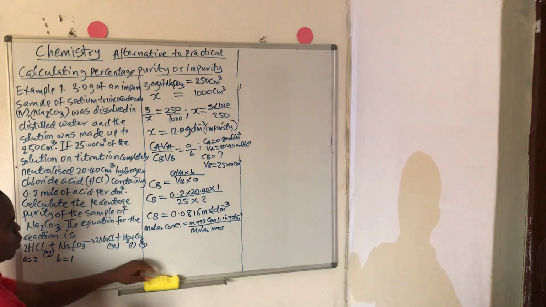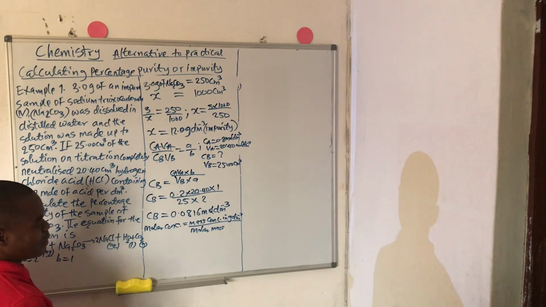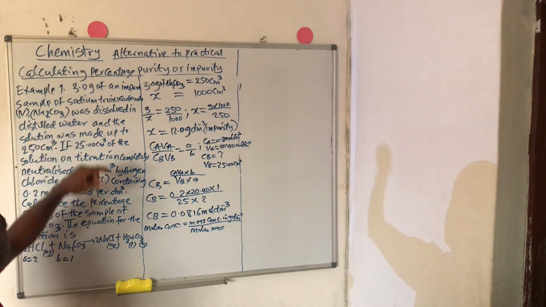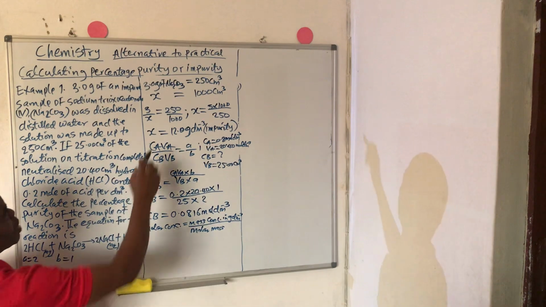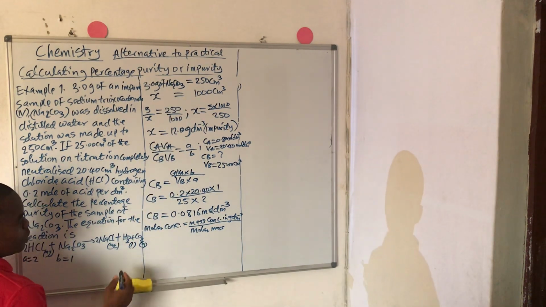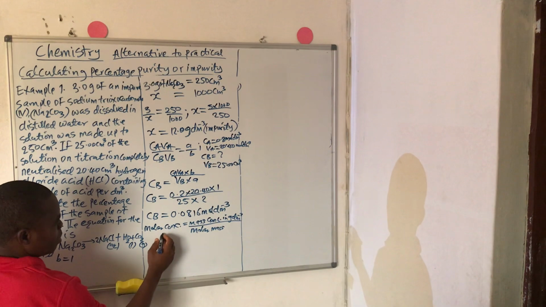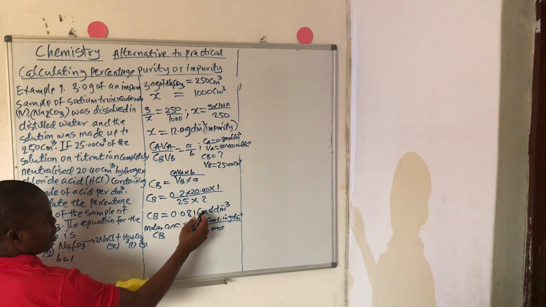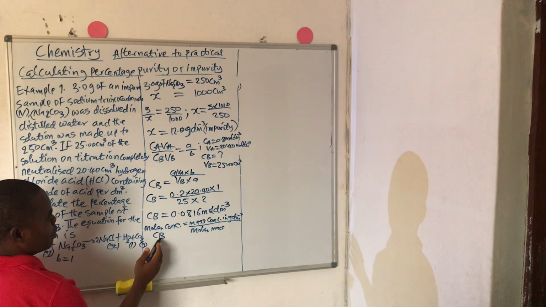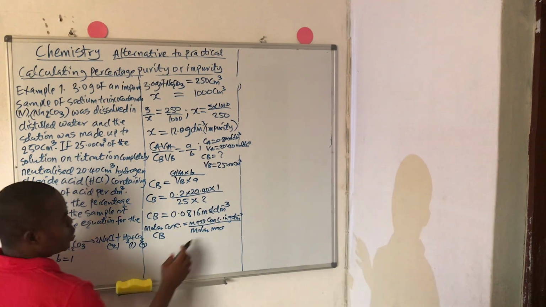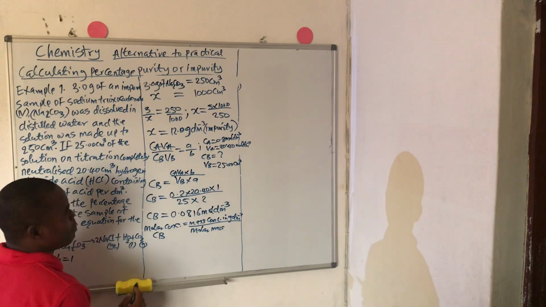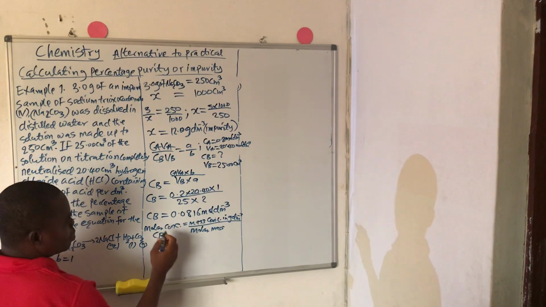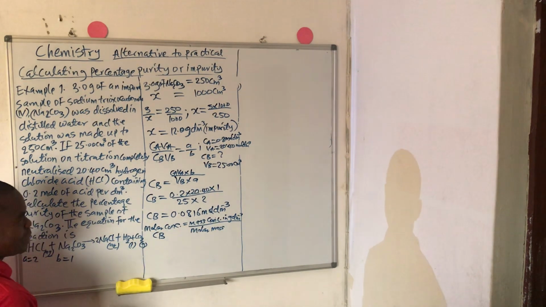So what is the formula mass of sodium trioxocarbonate(IV), the compound I'm talking about? This molar concentration is that of CB, because it's CB you're looking for. If it is CA you're looking for, this becomes CA. Now the value we need is the pure sodium trioxocarbonate(IV) in gram per dm cube.